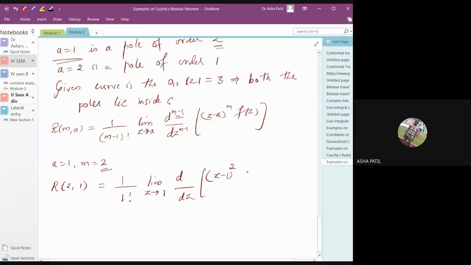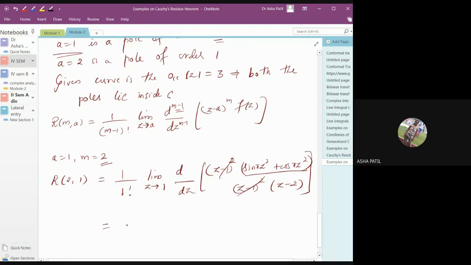The function is sin pi z square plus cos pi z square divided by z minus 1 whole square into z minus 2. So z minus 1 whole square term, it gets cancelled. 1 upon 1 factorial, that will just give us 1.